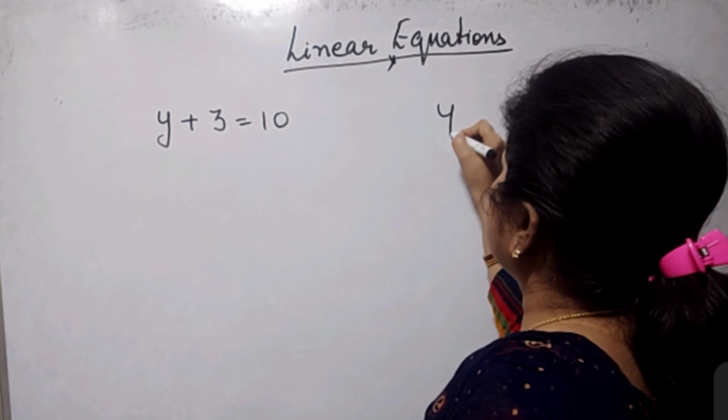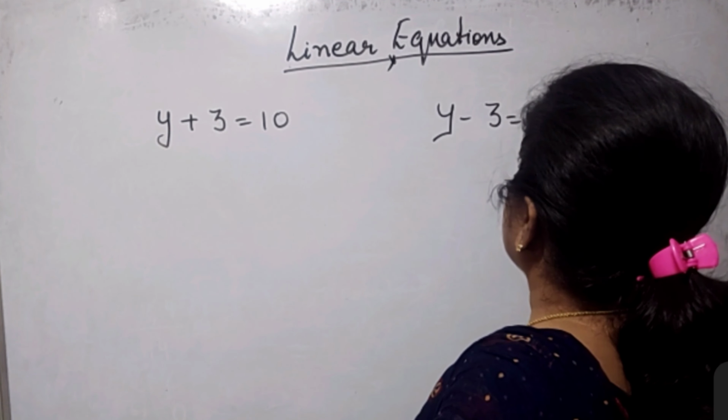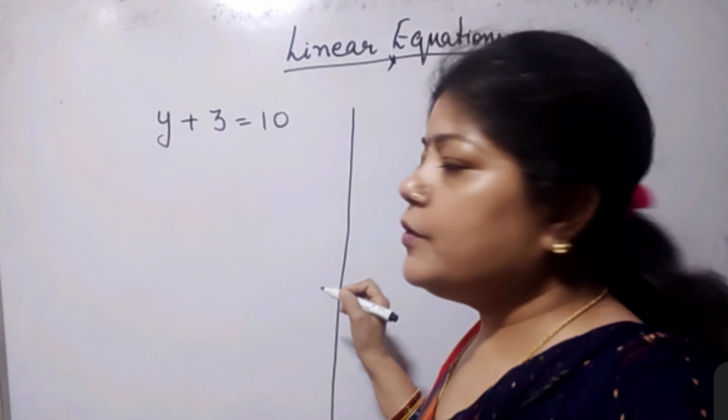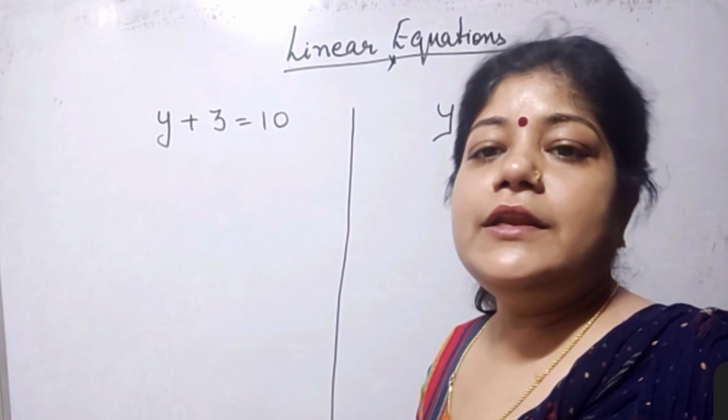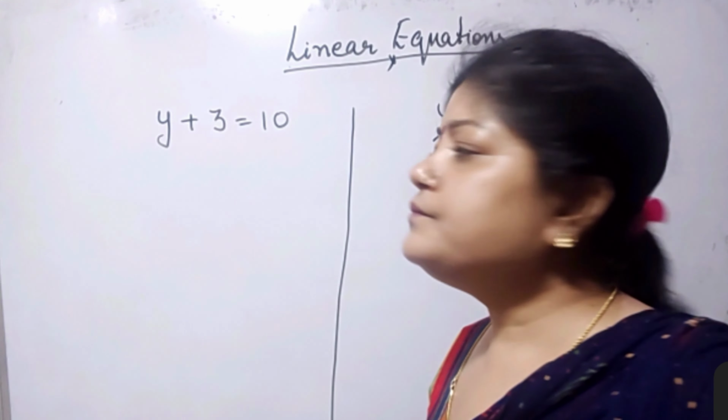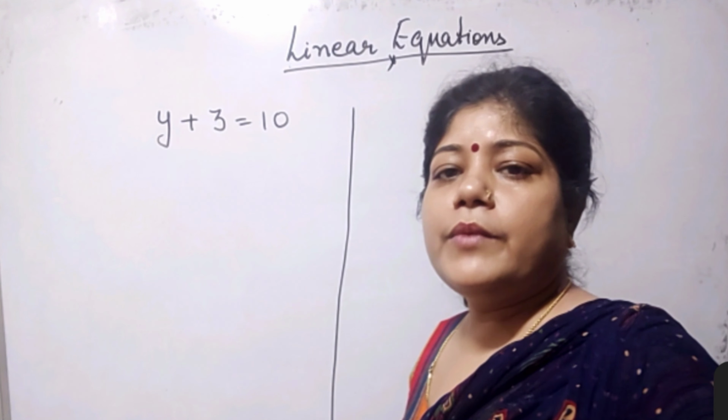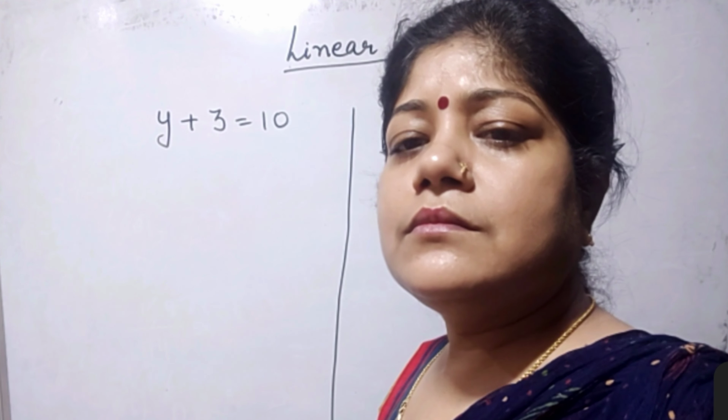And here I have y minus 3 is equal to 10. Parishi, if you note down each and every concept in your notebook, then it's easy for you to understand the concepts in later times also. Okay? Parishi, are you there? Yes, ma'am.